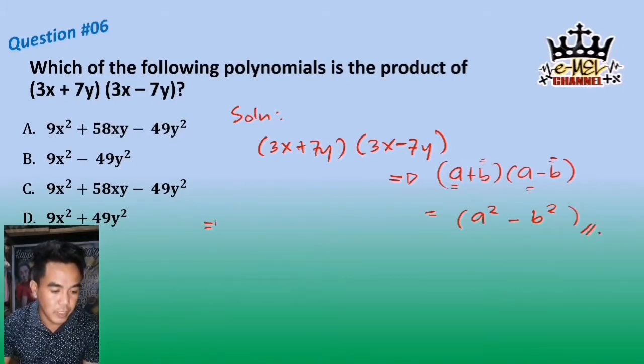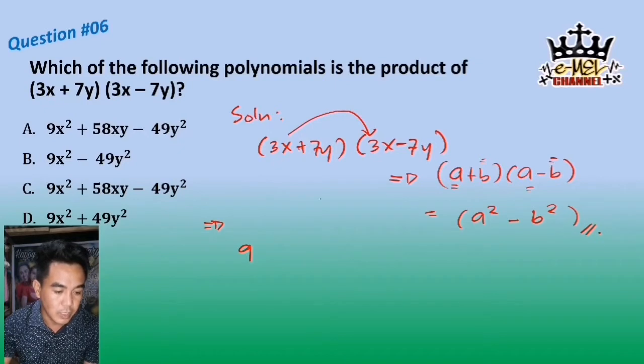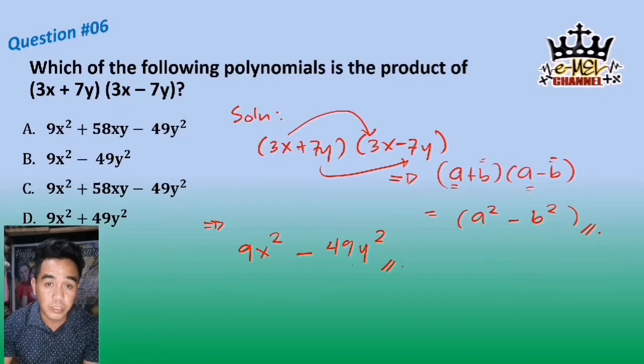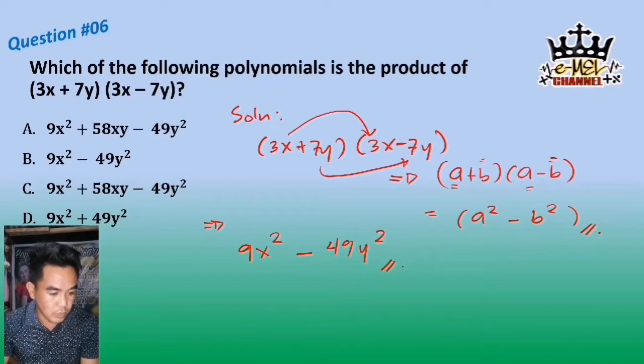Therefore, in our problem, 3x times 3x, that is 9 x squared, 7 times 7, that is 49, y times y, that is y squared. Then, positive times negative is negative. Therefore, our answer is 9x squared minus 49y squared. So, our answer is letter B.